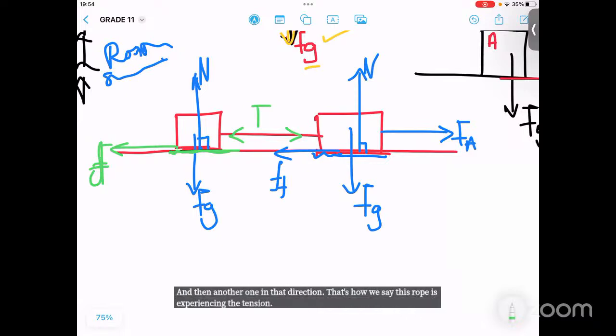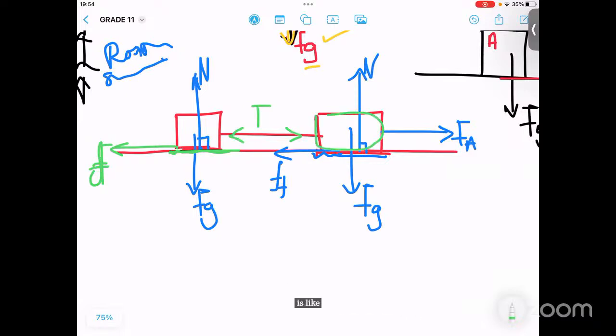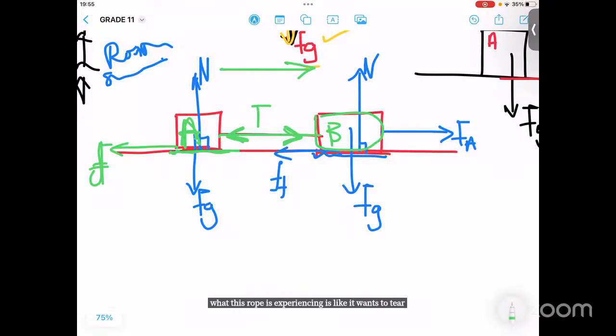Let's refer to this as object B. It's like object B is pulling that object A. At the same time, it's like object A is pulling this one. Even though everything as a unit moves towards the right, this rope is experiencing something like it wants to tear, as a result of that, and also that.